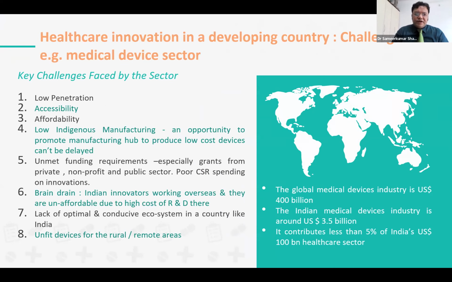And it should be available from various sources, not just government funding from the Department of Science and Technology or Biotechnology or ICMR, but from other segments also the funding should come in. And there should be greater CSR funding spending for innovations. Again, this is an area where there is scope to improve further.